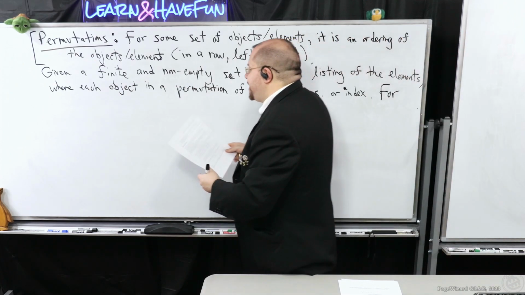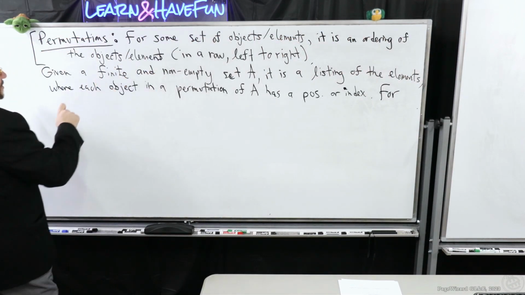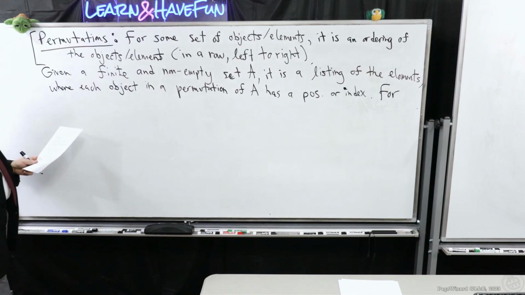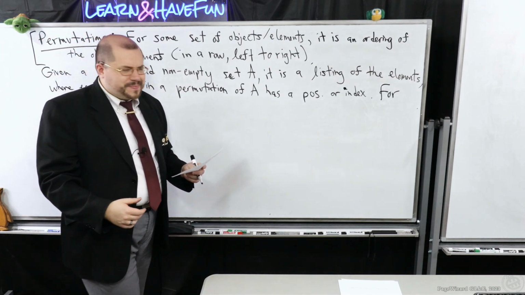So the point is that given a finite and non-empty set A, it is a listing of the elements where each object in a permutation of A has a position or index.